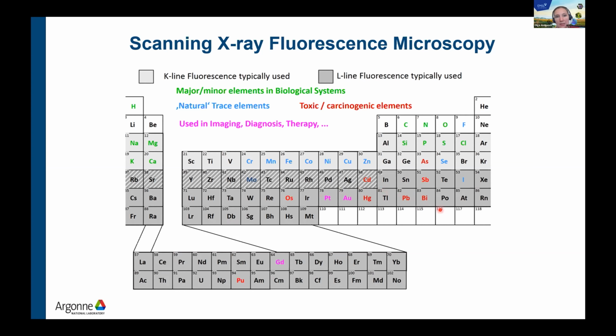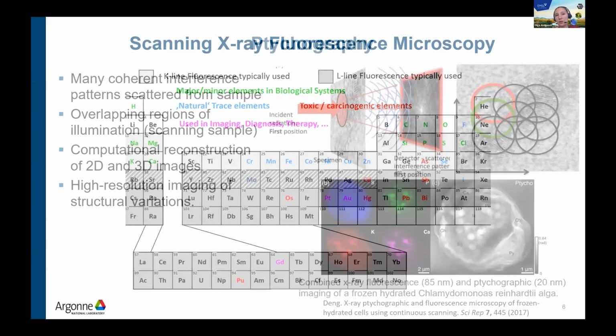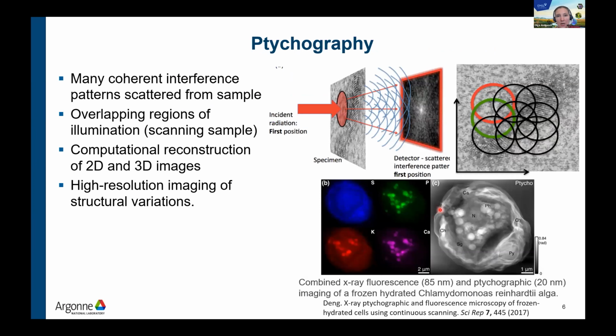Some of those elements should not be in biological or environmental science systems, but sometimes they end up in those systems due to pathological exposure or intentional placing of those elements to visualize something, like gold nanoparticles. In addition, synchrotrons also offer imaging techniques like ptychography, which can produce images in 2D and 3D.